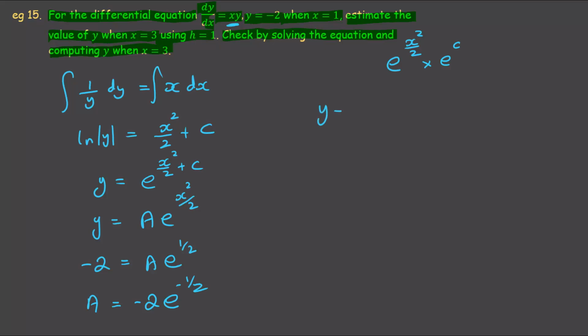So we have y is equal to negative 2 e to the negative half e to the x squared on 2, and we want y of 3, which is negative 2 e to the negative half e to the 9 on 2.